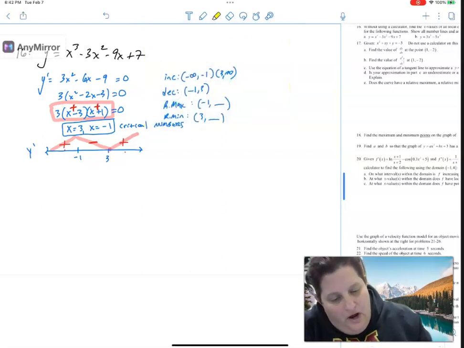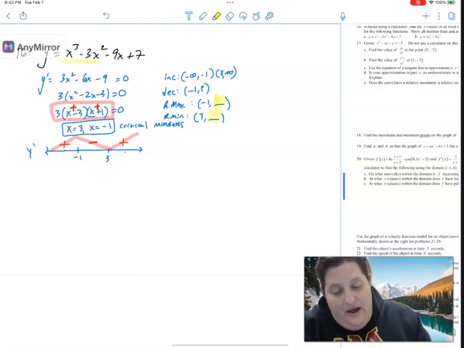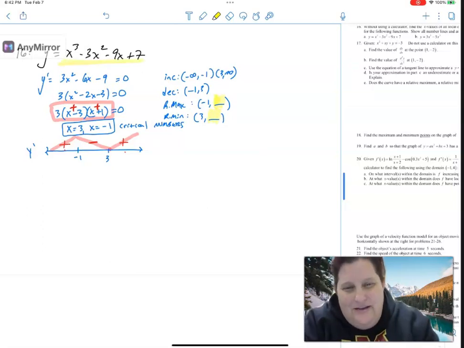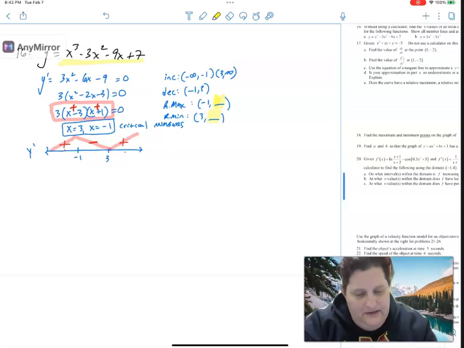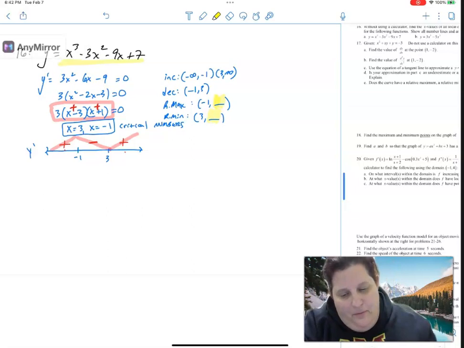Now, I don't know what these y coordinates are right now. I can figure them out by plugging into here. Sometimes it'll just say, what is the x value of the relative max, and that's fine. If it wants you to actually find the point, you would plug it in.